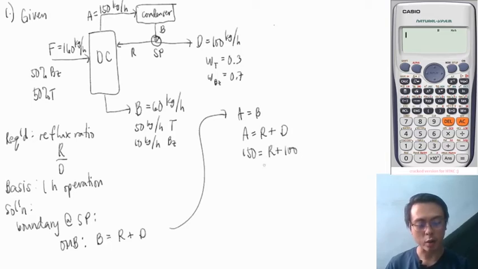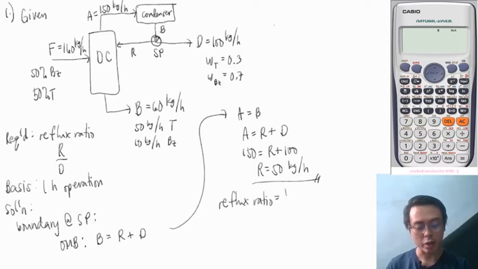Therefore, R is equal to 50 kilograms per hour. So we now have the value of R. We can solve for the reflux ratio. R over D, so that is 50 over 100. The reflux ratio is 0.5.